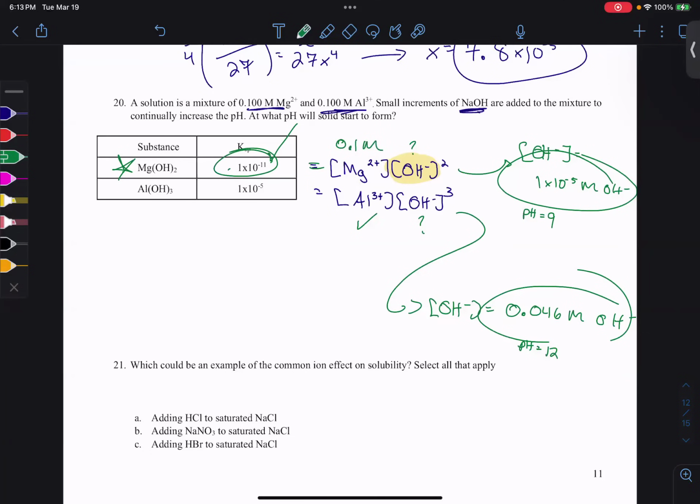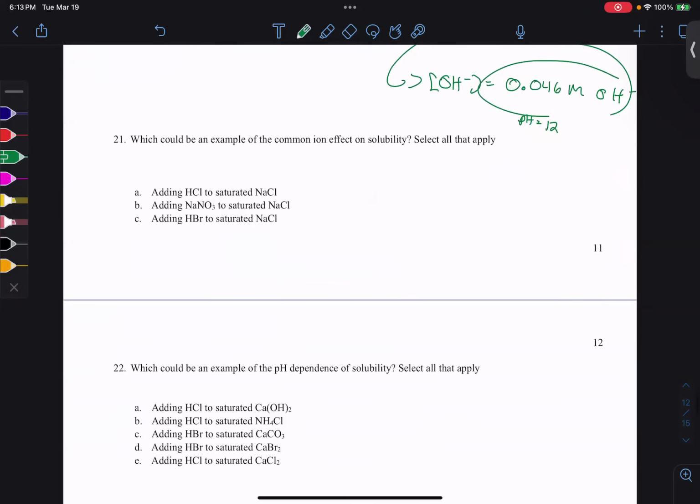Okay, let's move on to the next question, people asking about common ion effect. In all the previous examples, we made saturated solutions, we made solids. So the question is, how can we affect the solubility of things? We talked about this in chapter 13, where usually solids are more soluble at higher temperatures.